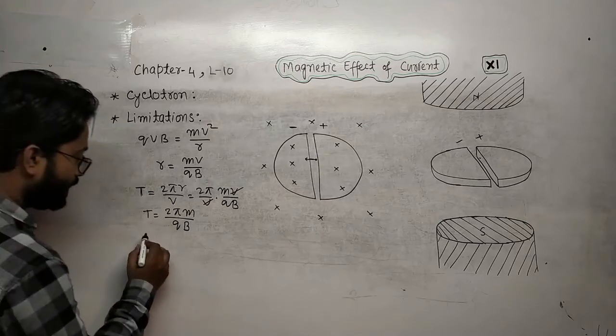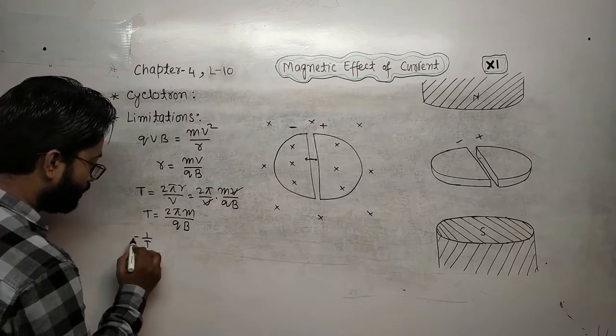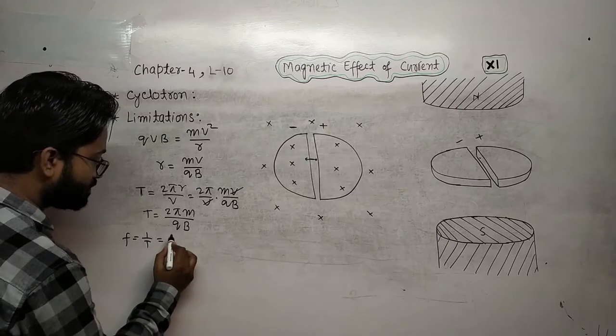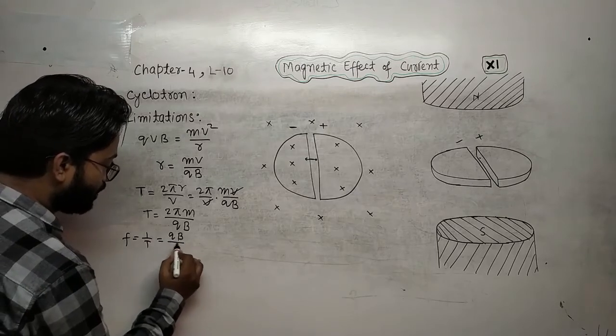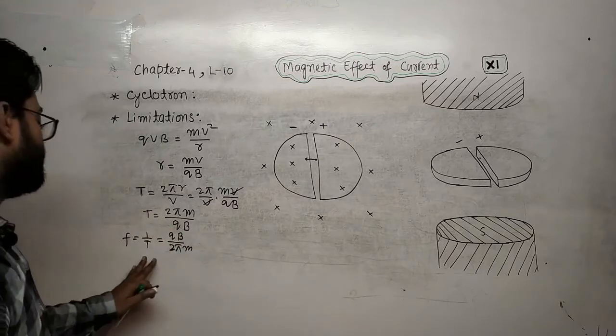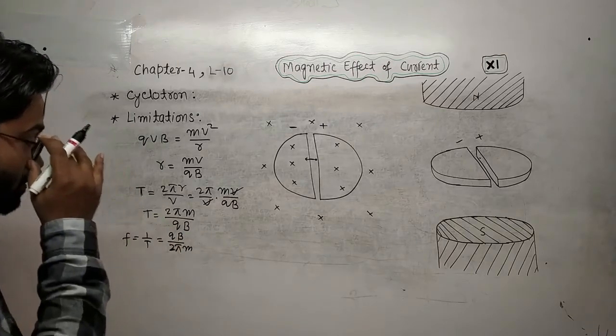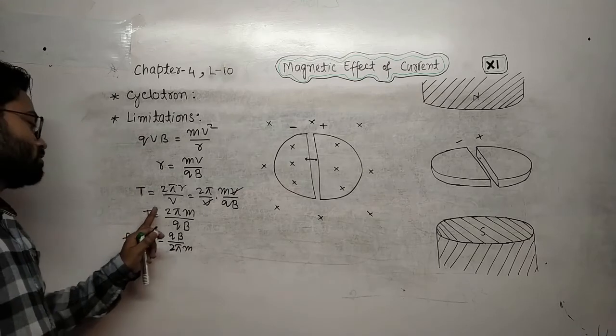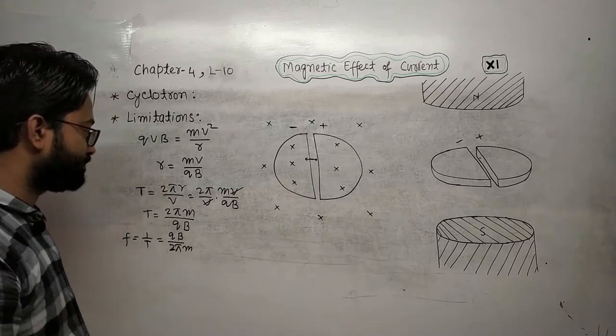Hope you are getting it. The frequency will be qB upon 2 pi m. We have derived the same derivation earlier. T equals 2 pi m upon qB.